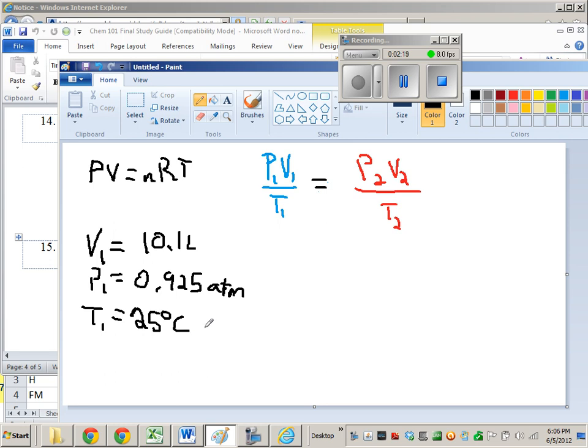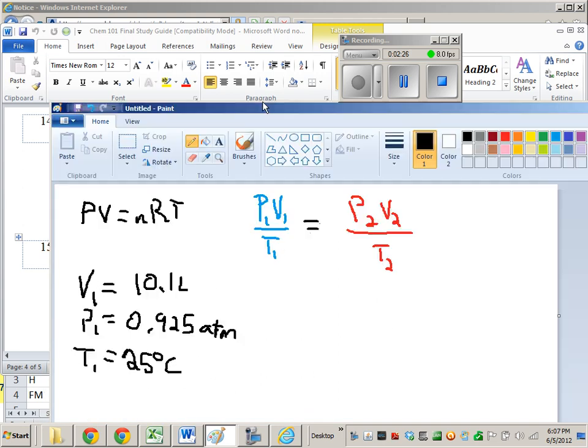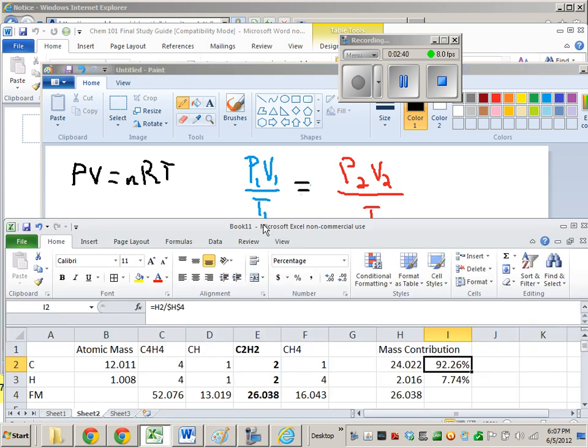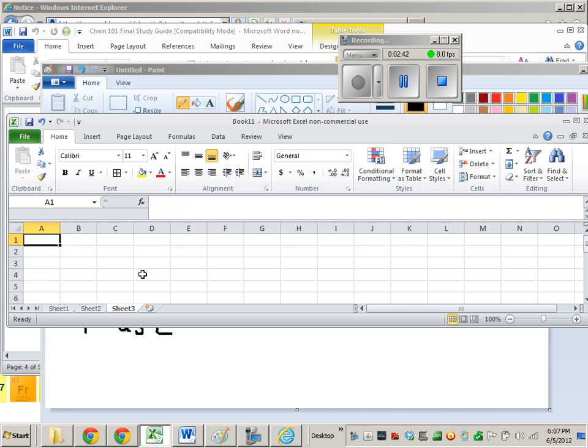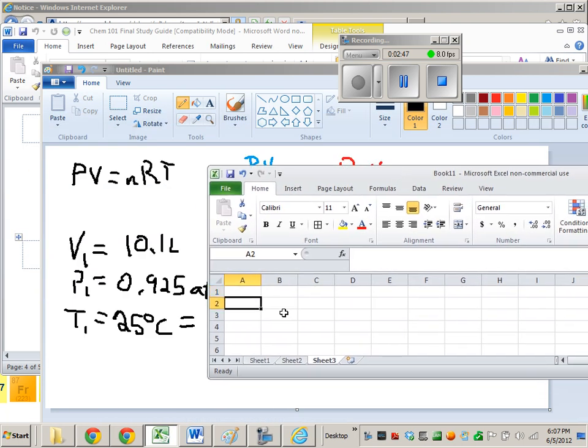Whenever I write down Celsius, it bugs me, so I am going to change it immediately, because I need to have these things in Kelvin to be able to use them, and there's always this potential for me to make a mistake if I don't convert to Kelvin. So converting from Celsius to Kelvin, what I do is... And you want the answer in Celsius? Yes. To use these formulas, you have to do them in Kelvin. You do not have the option.